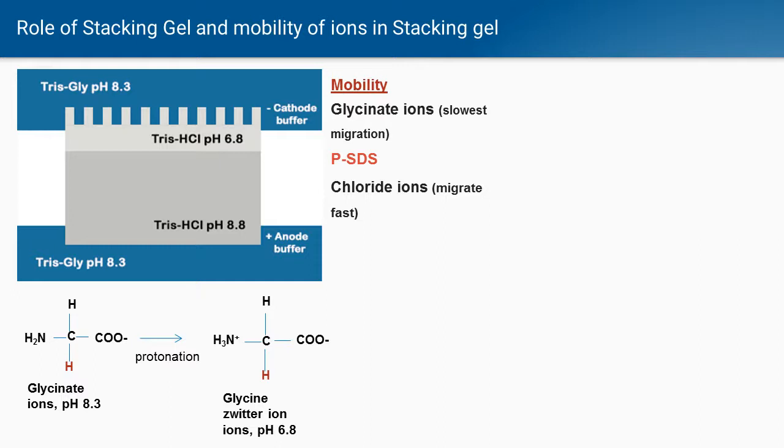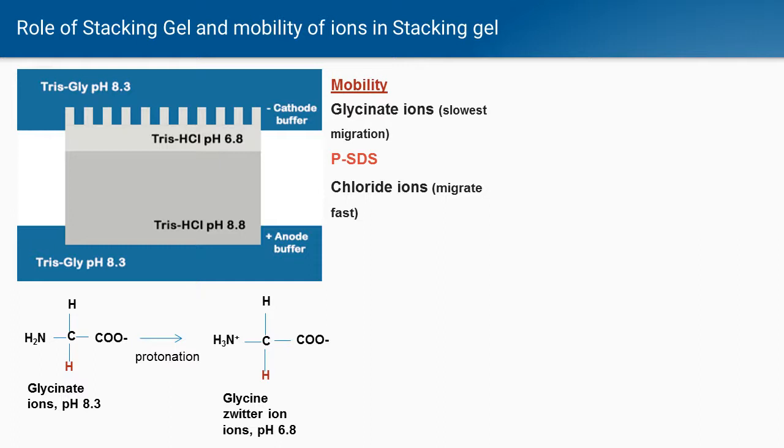Protonation happens because the pH is decreasing and the concentration of hydrogen ions is increasing. Since hydrogen ion concentration has increased, protonation will happen at the amino group, and in this way the amino group has a positive charge, whereas the carboxyl group remains in its negative form, and glycine acquires the zwitterionic configuration at pH 6.8.